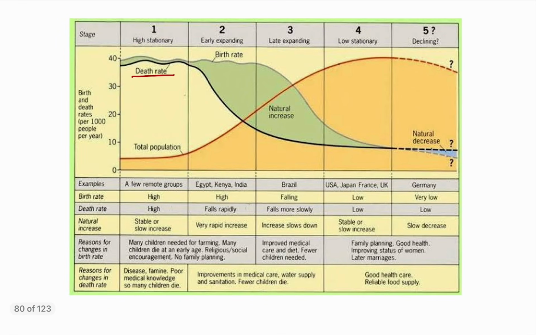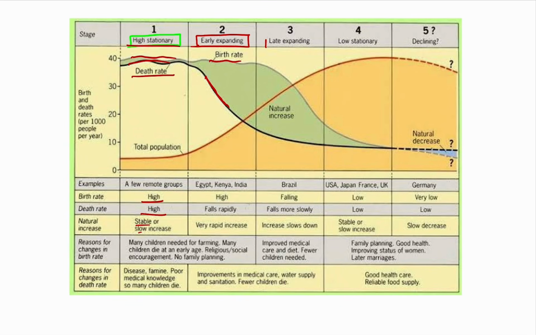See the demographic cycle. Initially, in stage 1, it is the high stationary phase where both birth rate and death rate are high. So the natural increase is stable, a slow increase. In the second, early expanding phase, birth rate is still high, but death rate falls rapidly because of improved treatment.